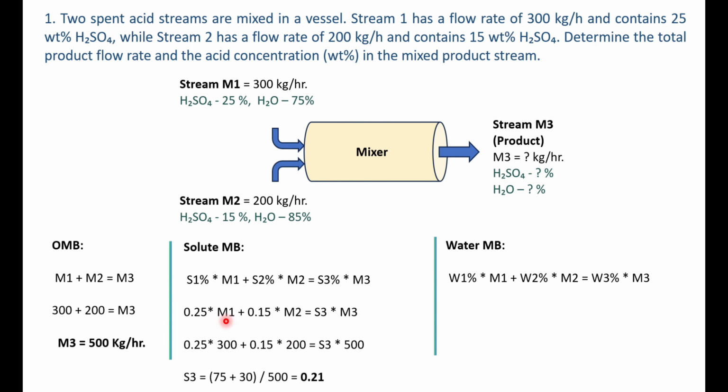M1 we know already, so I'm substituting 300, M2 is 200, and M3 we just found as 500 kg per hour. After substituting all the values, I have only S3 as unknown. On rearranging, I can calculate S3 as 0.21. So the percentage of sulfuric acid in the product stream is 21%. So the remaining 79% must be the water percentage.